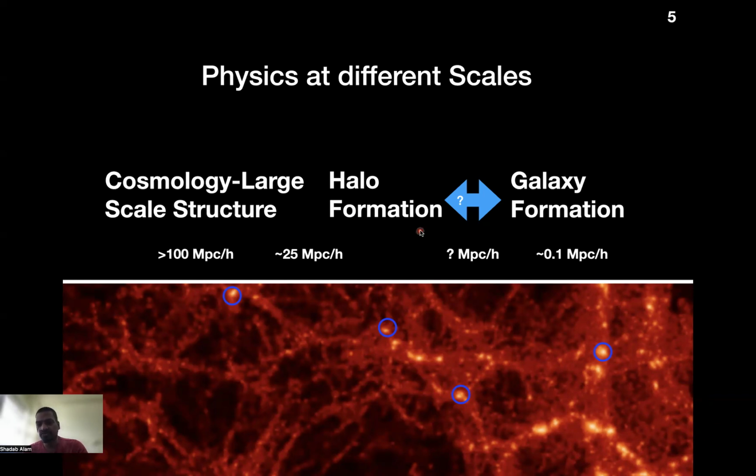And then if you go even further, you get to roughly the scales at which galaxies form, and you'll be more sensitive to the physics of galaxy formation itself. The galaxy itself is about a 0.1 megaparsec over h kind of scale. There might be some transition where the physics of halo versus galaxy is more dominant, and we are not sure where that scale is.